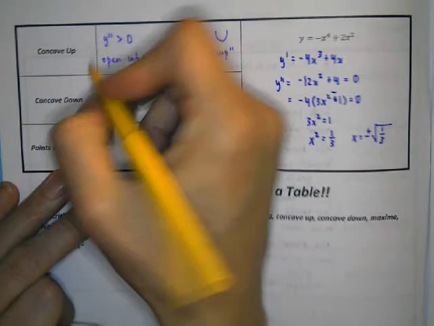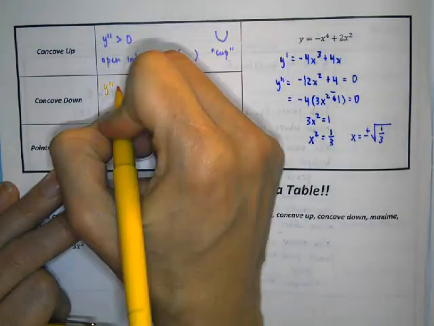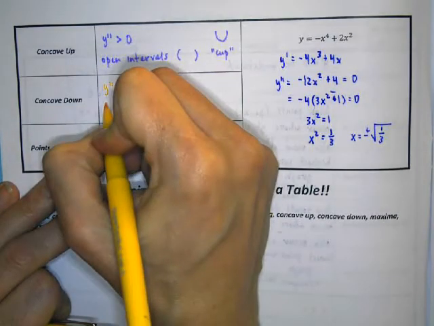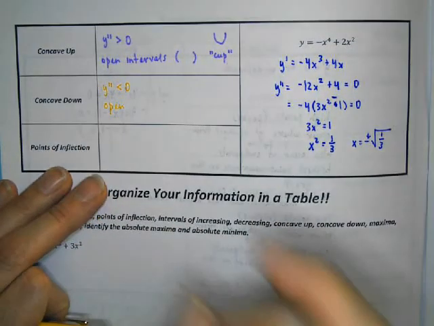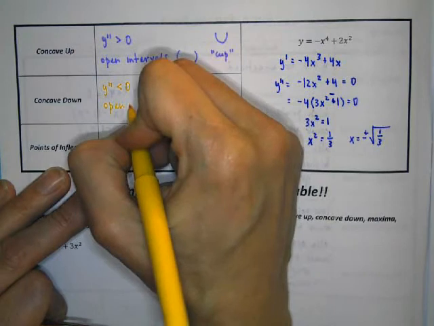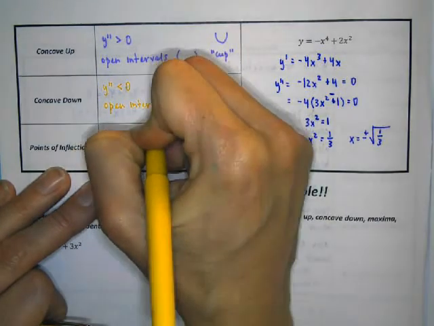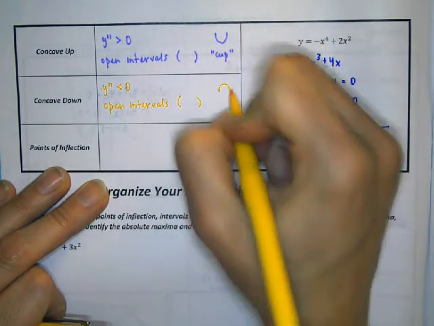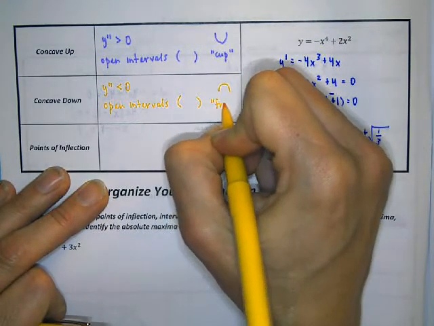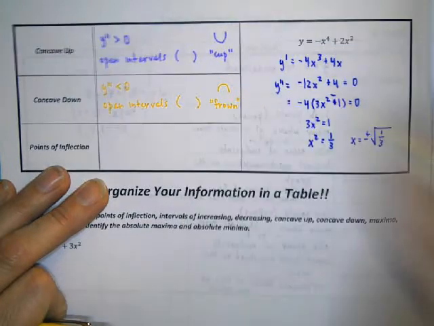We're concave down wherever y double prime is less than 0. Again, still open intervals. And then we said it opens down like a frown.